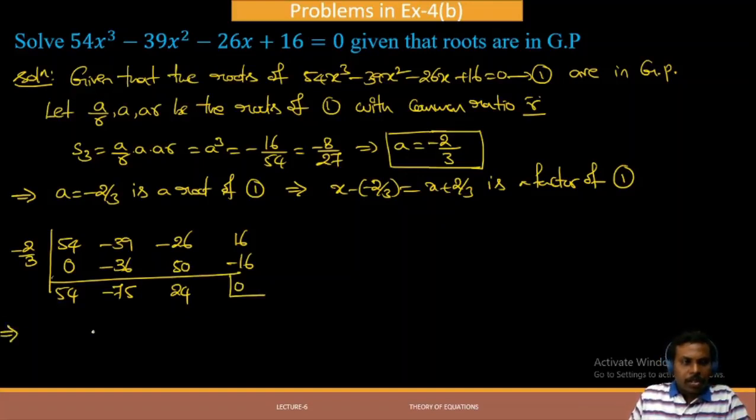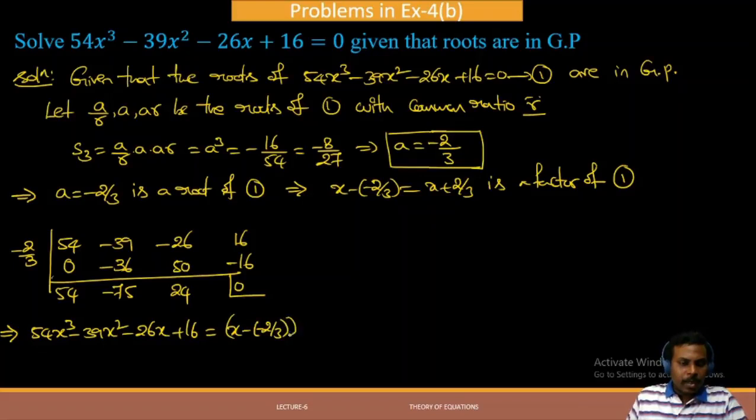So this implies 54x cube minus 39x square minus 26x plus 16 is equal to x minus of minus 2 by 3 into 54x square minus 75x plus 24.